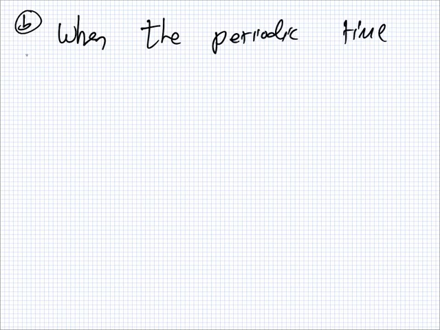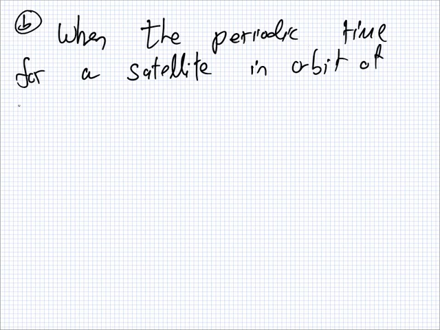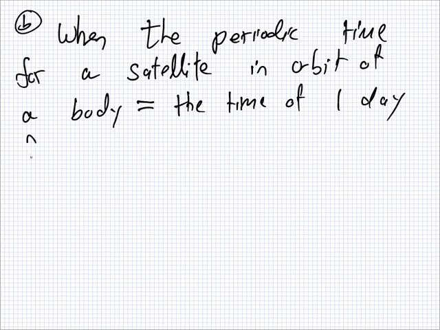It's when the periodic time for a satellite in orbit of a body equals the time of 1 day for the body.